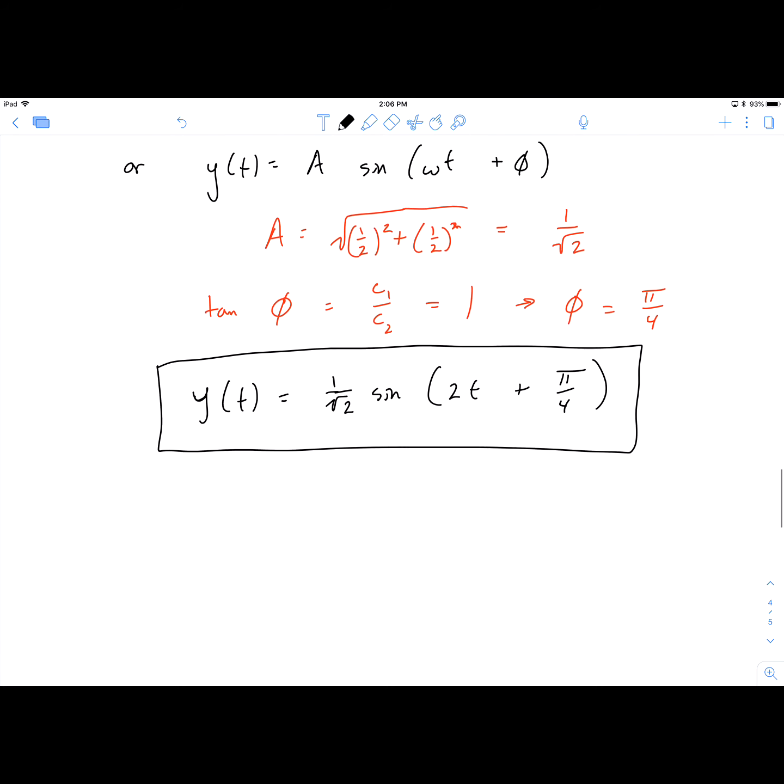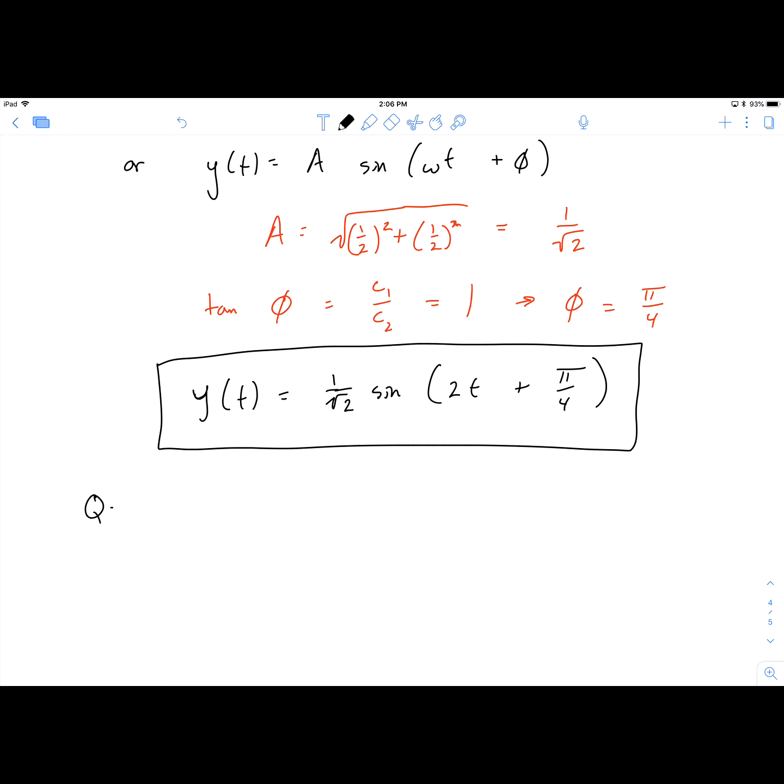So let's ask a question that you might see on a homework problem, for instance. The question might ask, when does this mass pass through its equilibrium position?